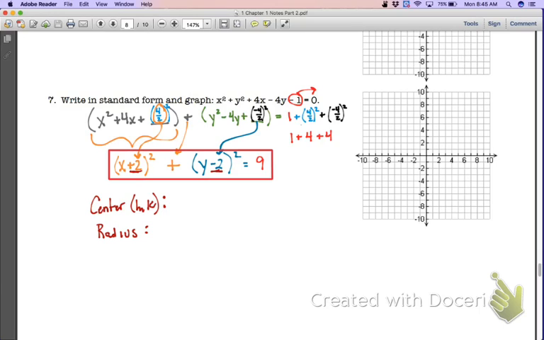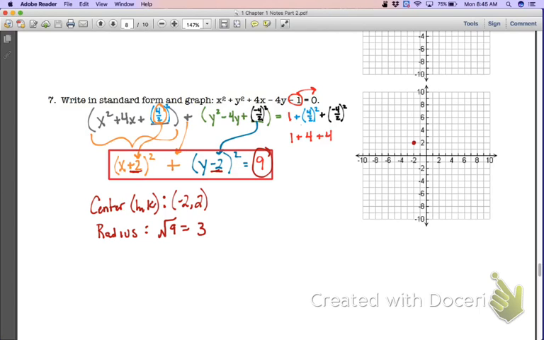So what's the opposite of positive 2? Negative 2. What's the opposite of negative 2? Positive 2, right? So then I'll have a point at negative 2, positive 2. Okay, over here on my graph, right about there. And then the radius is just whatever that number is, basically the square root of 9, which is 3.